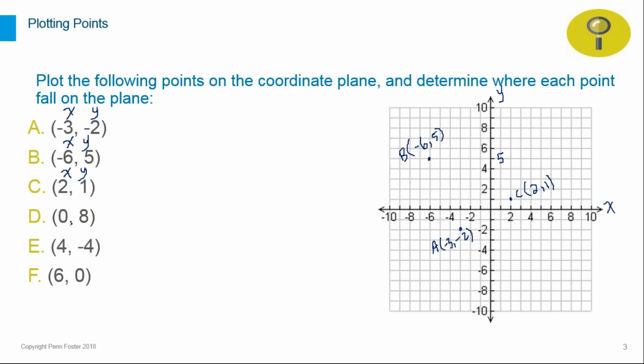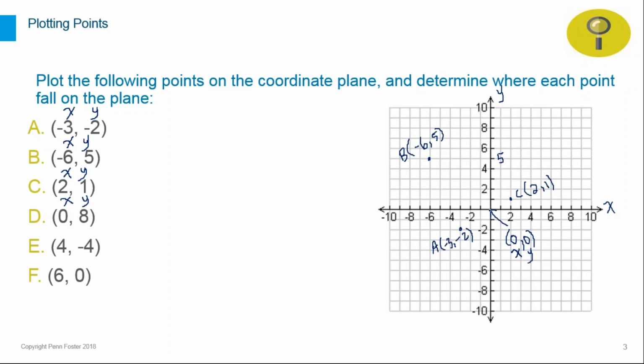Point D is 0 and 8. So 0 means that the x value is 0 and the y value is 8. Remember, the origin is where the two axes intersect. This point, the origin, always has the ordered pair 0 and 0, meaning that the x is at 0 and the y is at 0.